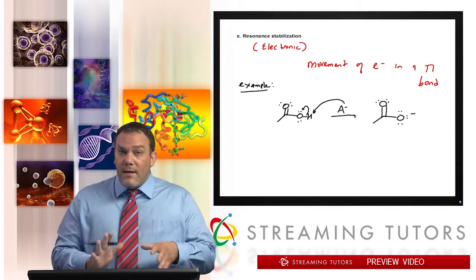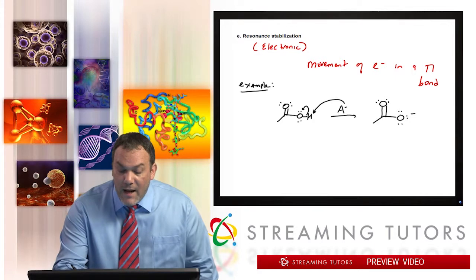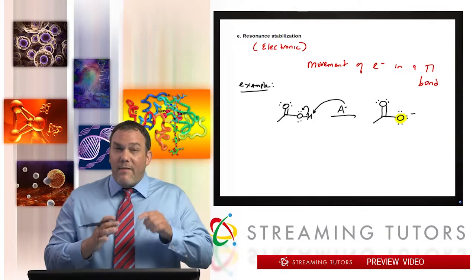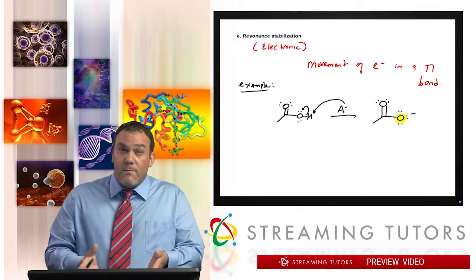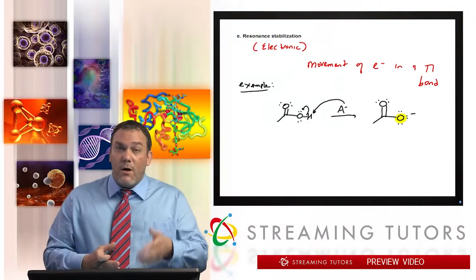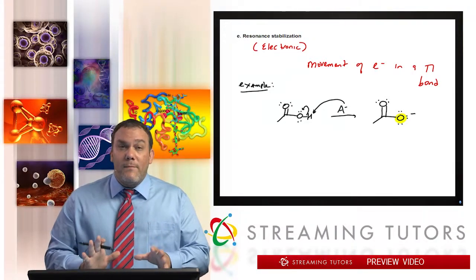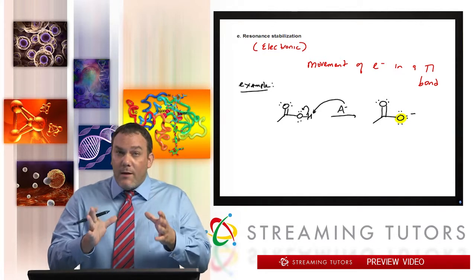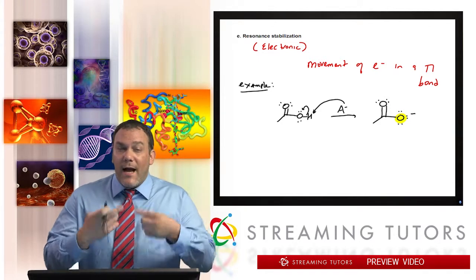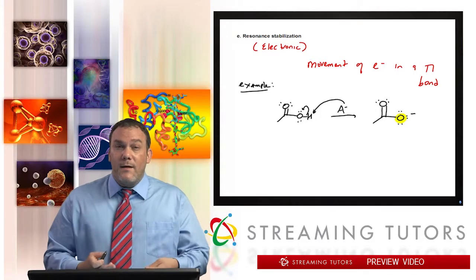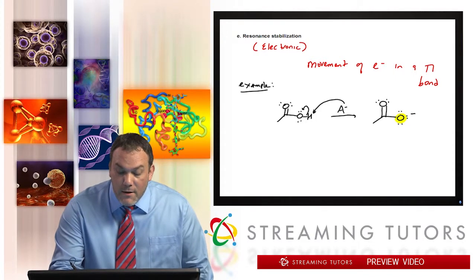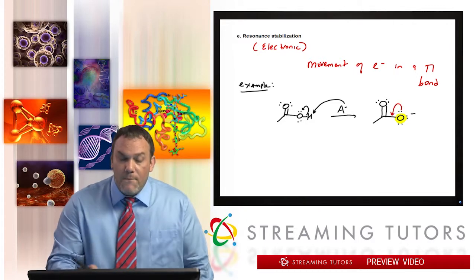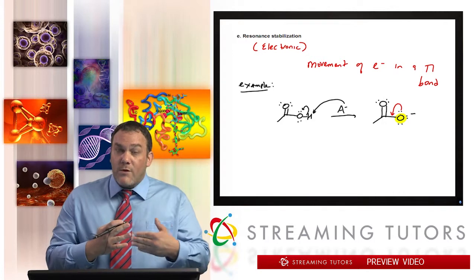Well, the idea here is that if you have an atom with a lone pair, and that atom is directly attached to a double bond, in this case, carbon has a double bond to O. It doesn't matter what the double bond atom is, but if there's an atom with a lone pair, and it's directly attached to an atom that is double bonded, then this atom that has the lone pair can take its lone pair, it doesn't matter which one, and move it towards the double bond atom right next door to it.